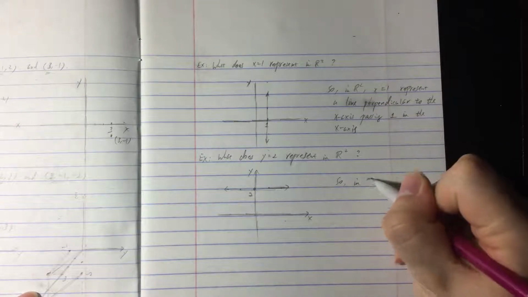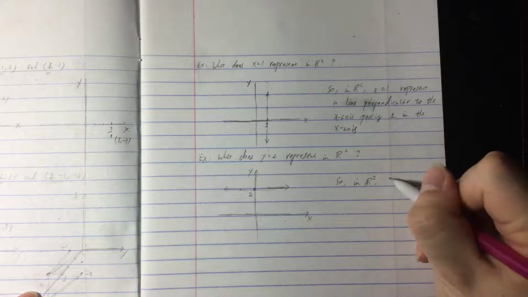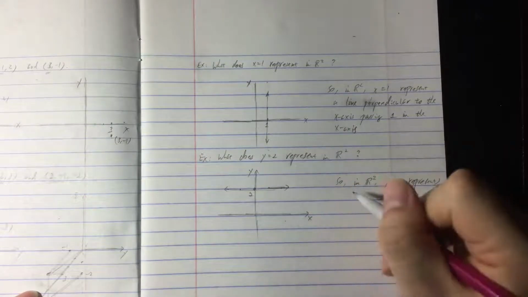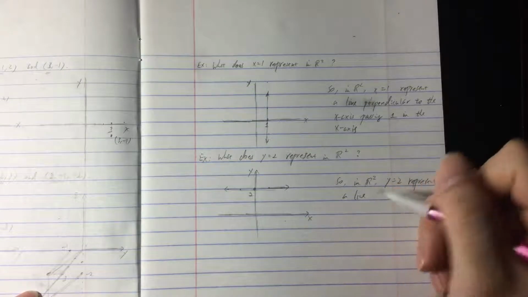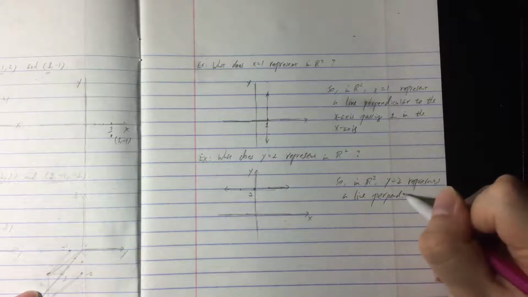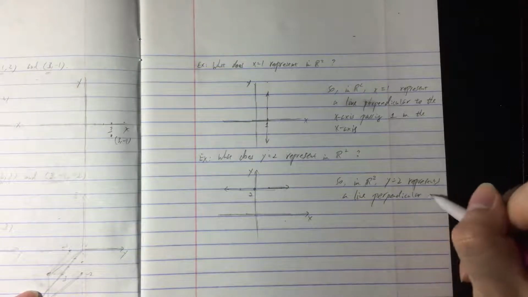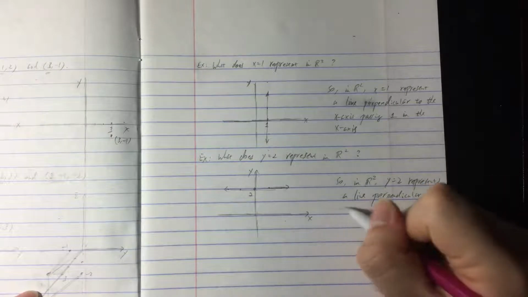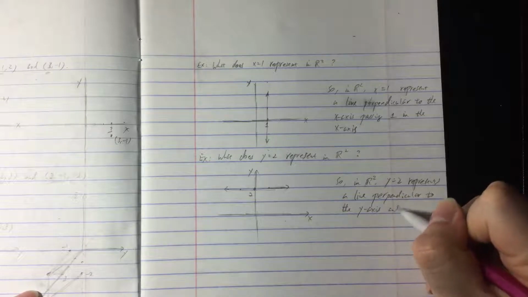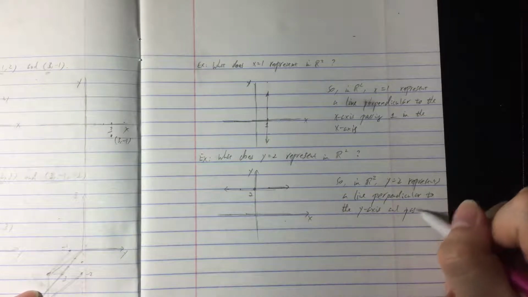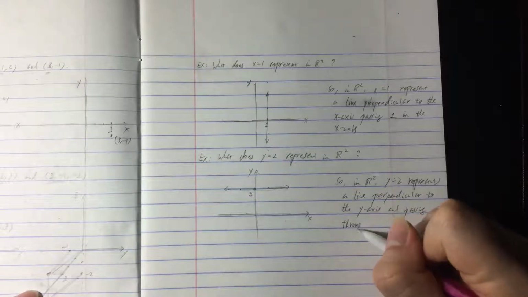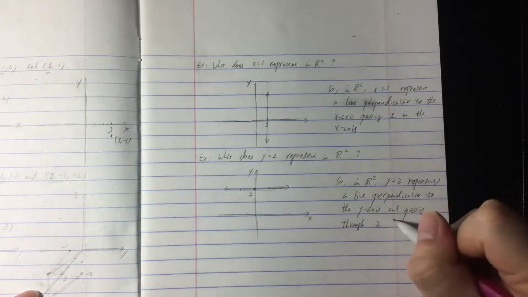So in R2, the equation y equal to 2 represents a line perpendicular to the y-axis and passing through number 2 in the y-axis.